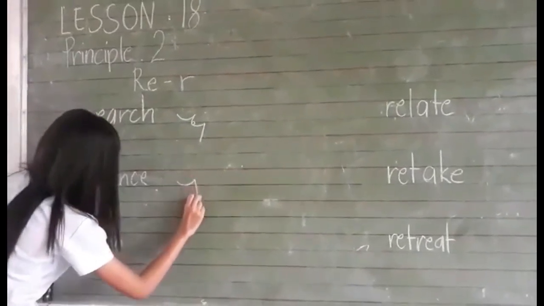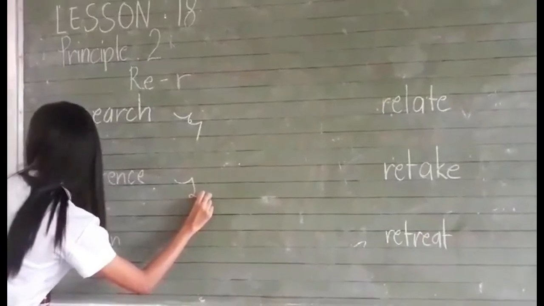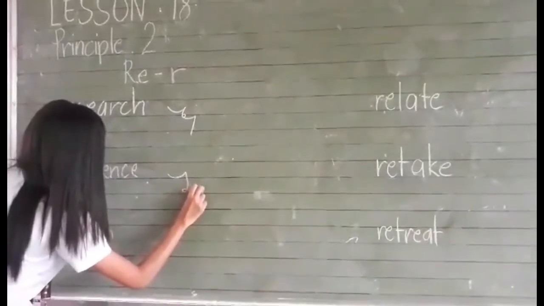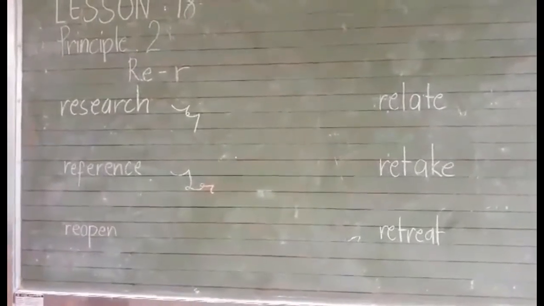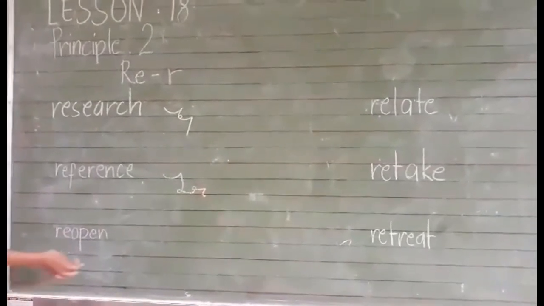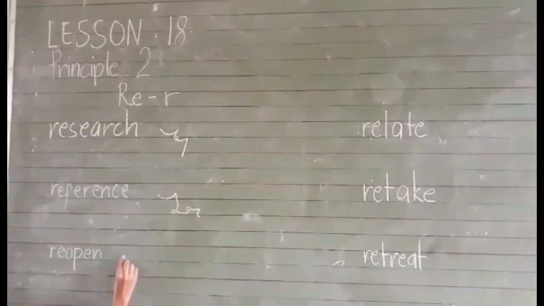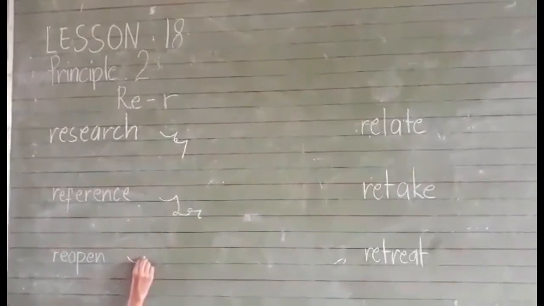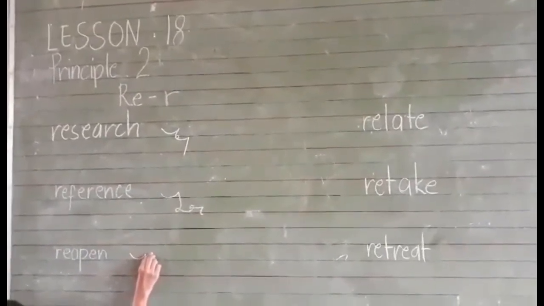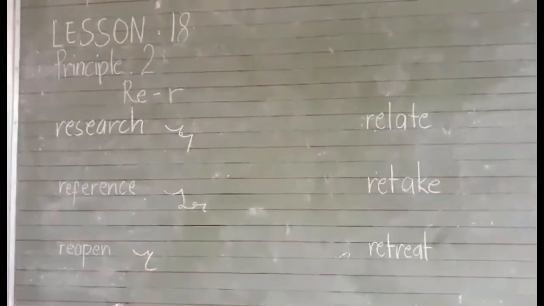Re, represented by R, followed by F, E, R, E, N, and S. Reopen. Re, represented by R, O, P, and N.